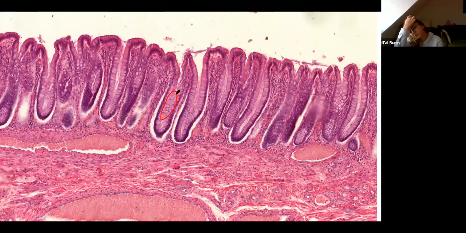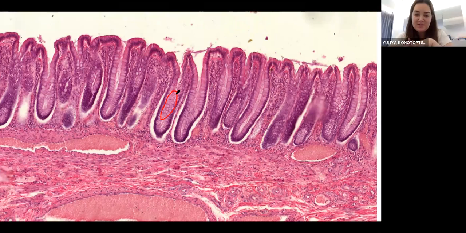Goblet cells. And you remember from our last class, we discussed that if you take a look at your intestines, starting from duodenum until you reach the anal canal, you will notice that the amount of goblet cells increases. The closer you approach the anal canal, the more goblet cells you will see. And we can clearly see it here.